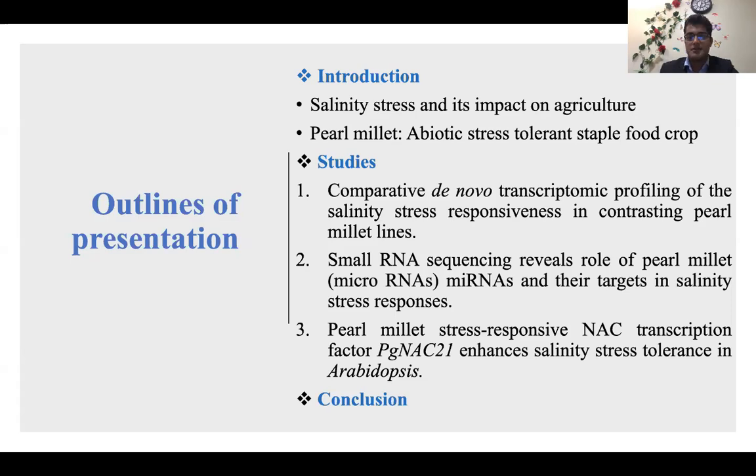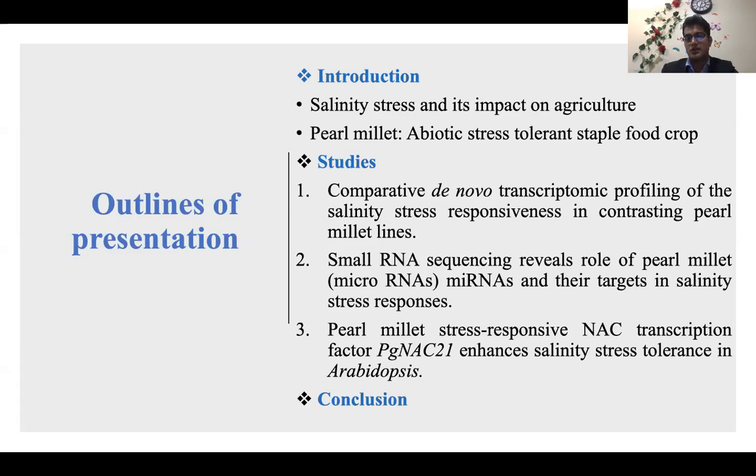Then I will speak about various studies which I conducted to study salinity stress in pearl millet. The first one is the transcriptome analysis between different pearl millet lines, that is, salinity stress tolerant and susceptible lines. Then I will speak about small RNA sequencing, which we did in pearl millet to find the microRNAs related to salinity stress. And finally, I will speak about one of the transcription factor genes, that is NAC21.